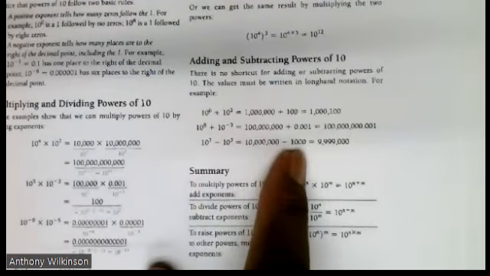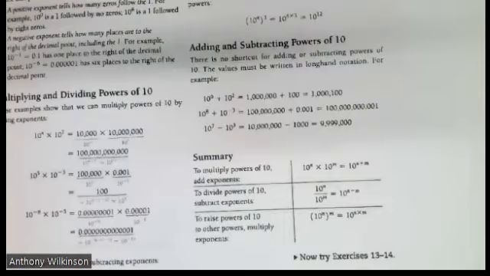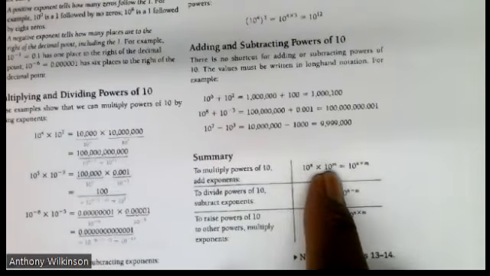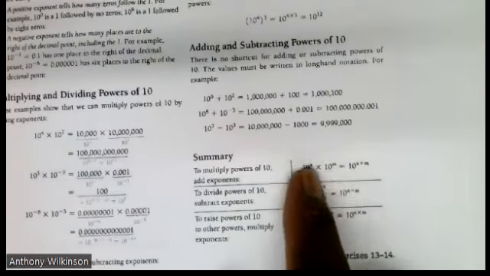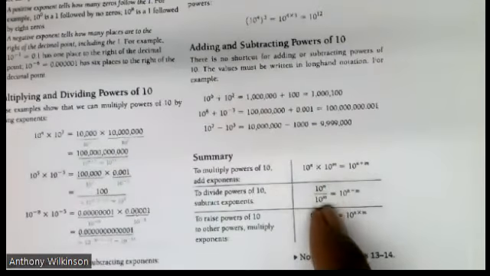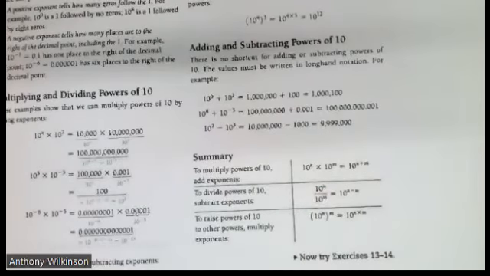and subtract. So to summarize what I just said here, to multiply powers of 10, you add the exponents. 10 to the n times 10 to the m, we just bring over the base of 10, add the exponents n and m. Dividing powers of 10, you subtract your exponents. 10 to the n divided by 10 to the m, bring the base over of 10, subtract your exponents, n minus m.